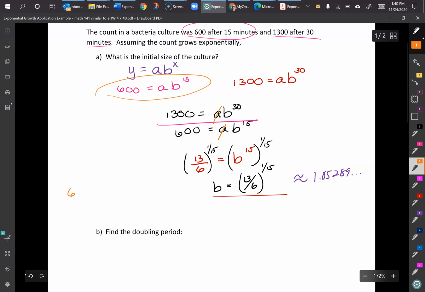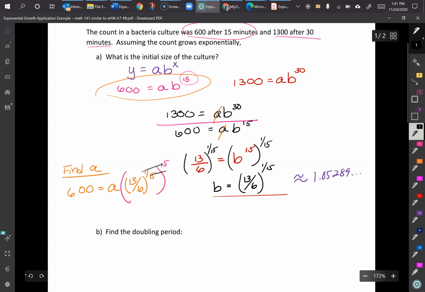So I'm going to write this as find A, which is my initial. 600 equals A, and then I have 13 over 6 to the 1/15th as my base, and that's raised to the 15th up here. Okay, so what happens is these reduce out, right?